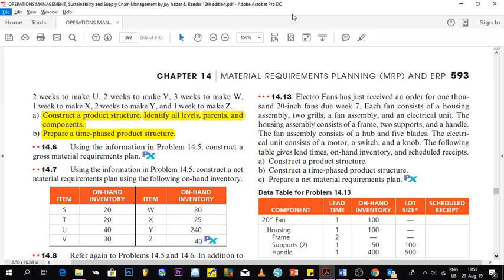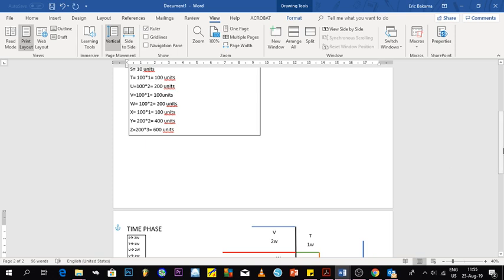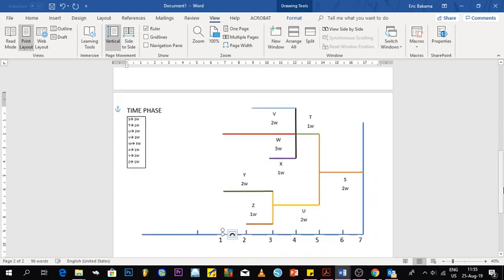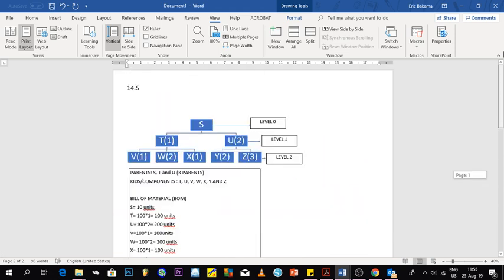As you recall, the last video that we worked on was about the time-phased product structure. We discussed how you should build the time-phased product structure, that you should come first of all from the product structure tree.